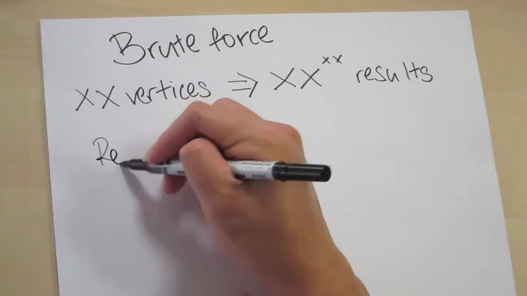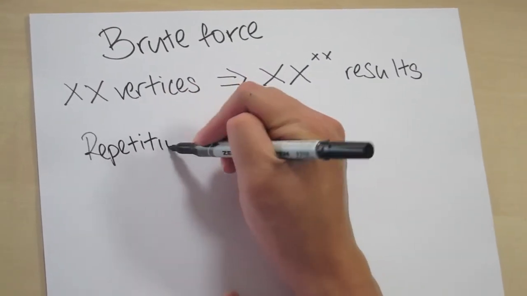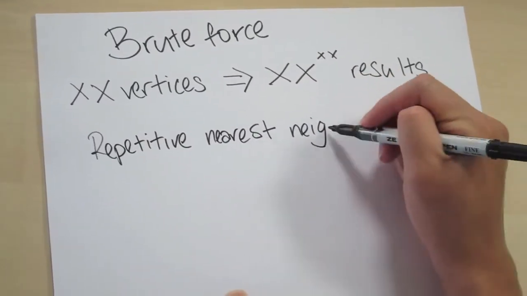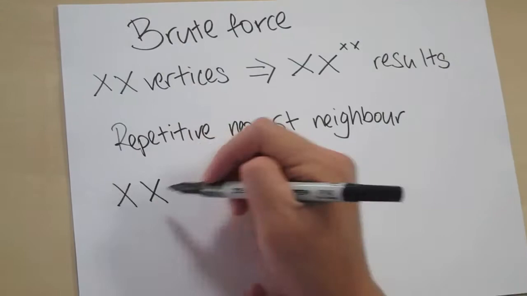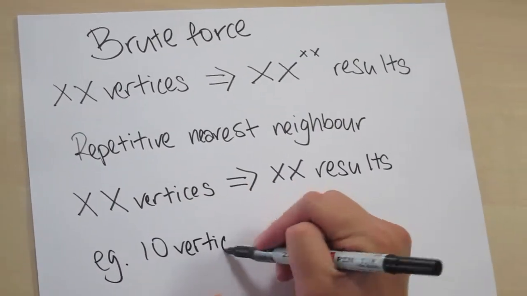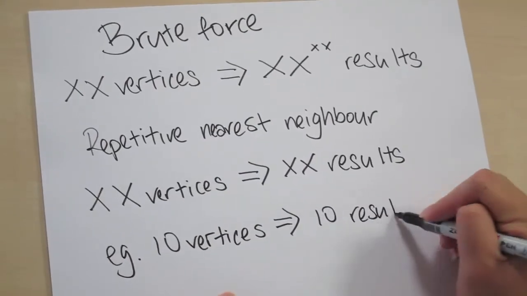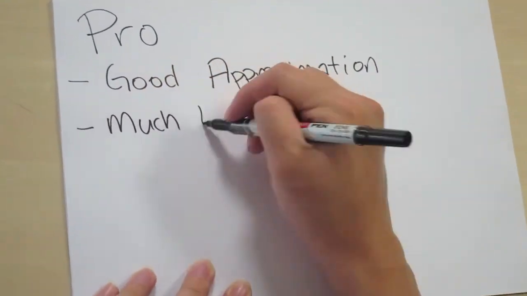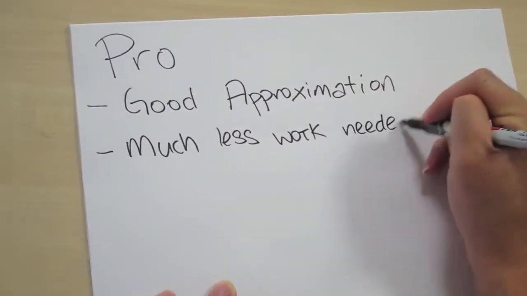However, with the nearest neighbor algorithm, if we have 10 vertices, we just need to do 10 calculations. And with the repetitive nearest neighbor algorithm, we need to find n number of ways and use the best one. This is not the most efficient route, but it is a good approximation and much less work is needed.